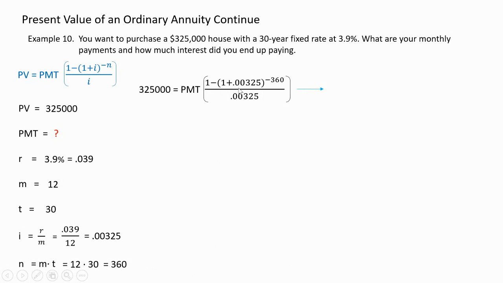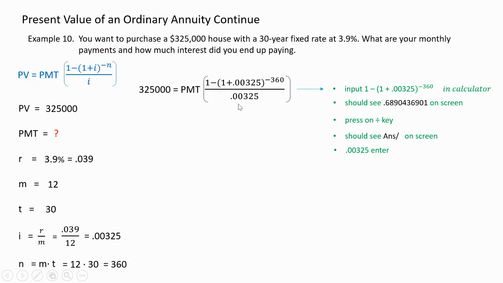So let's plug everything into the calculator. Again, we first start with the numerator, right? So we enter that. That's my result, 0.6890436901. We divide it by 0.00325. So we get 212.0134431.